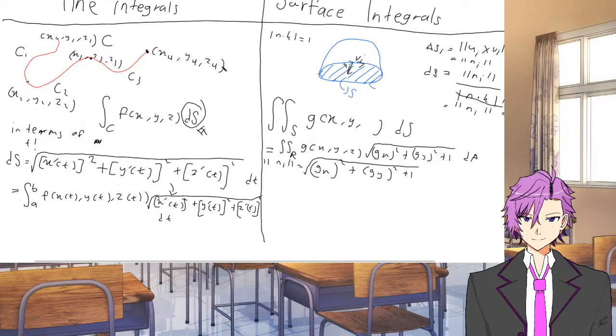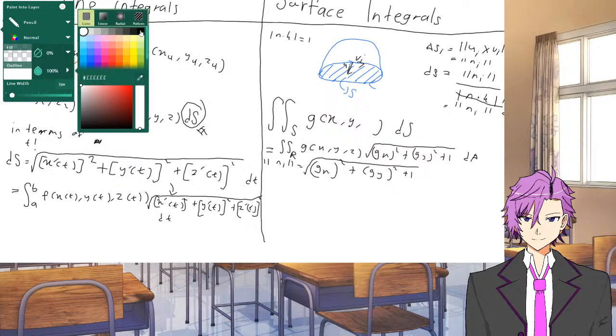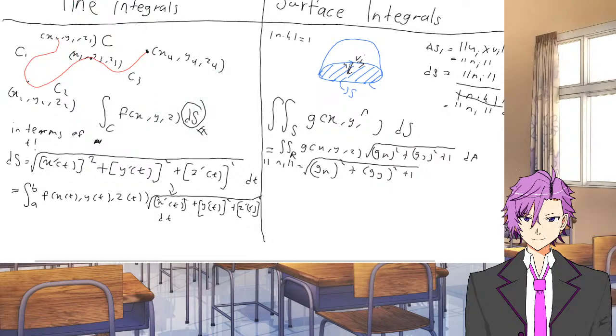So this shouldn't be z, while this one would be f(x, y).